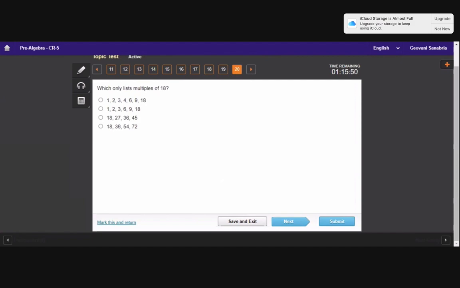And the multiples are adding, right? Well, it's multiplying and they always get bigger. So the first multiple of 18 is just 18 times 1. And then the next one is 18 times 2, whatever that is. And then 18 times 3, whatever that is.